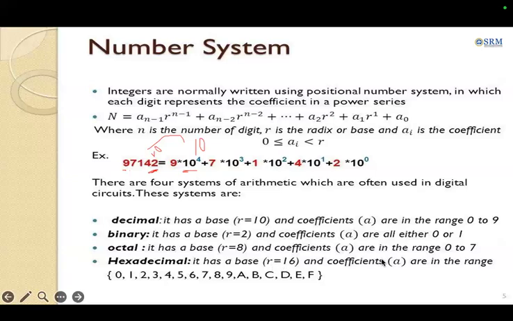So its coefficients will vary over the 16 hexadecimal digits, from 0 to F. So 0 till the decimal value 9, and for 10, 11, 12, 13, 14, 15 we use letters. By using alphabets, we represent the equivalent values. For decimal 10, the hexadecimal representation is A, for 11 it is B, for 12 it is C, for 13 it is D, for 14 it is E, and for 15 it is F.